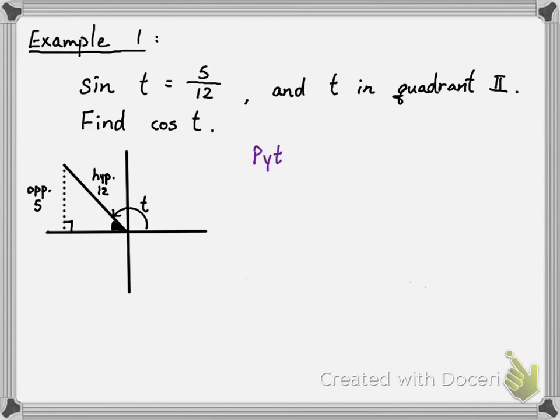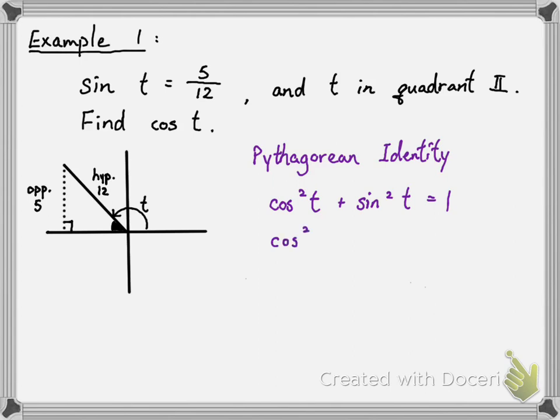For the Pythagorean identity, we know that cosine squared t plus sine squared t equals 1. We can use this identity to help us find the answer. We have cosine squared t plus sine, which is given as 5/12. Now let's simplify.